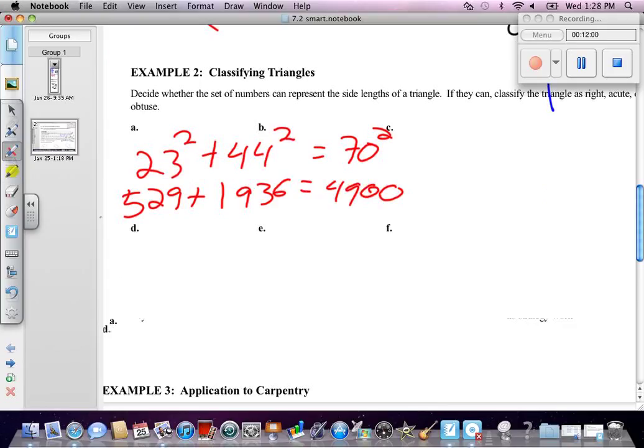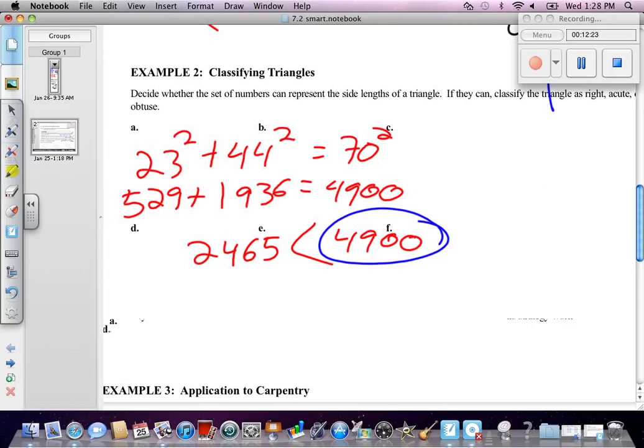We add those two together, and we get 2,465 and 4,900. Which one is bigger? 4,900. Which one is the hypotenuse? 4,900. Okay, the alligator's eating the hypotenuse, so what kind of triangle is it? Obtuse.